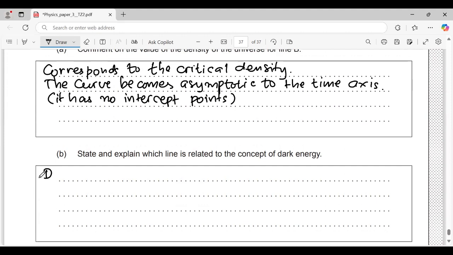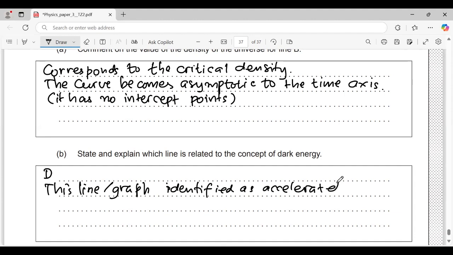Because this graph is identified as an accelerated universe.